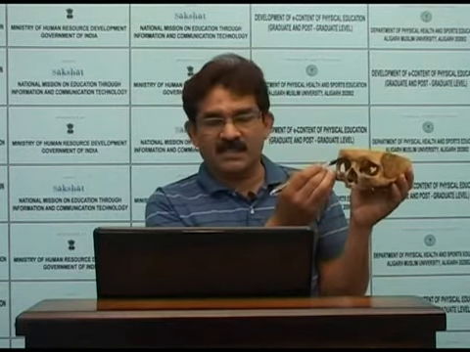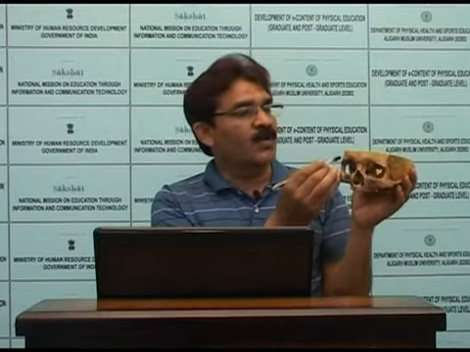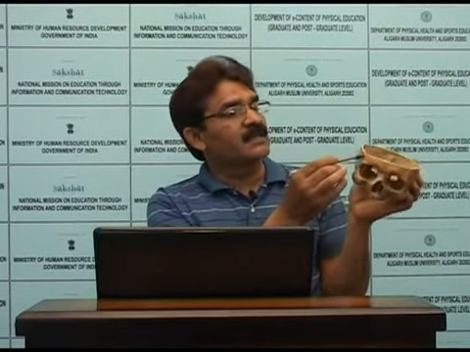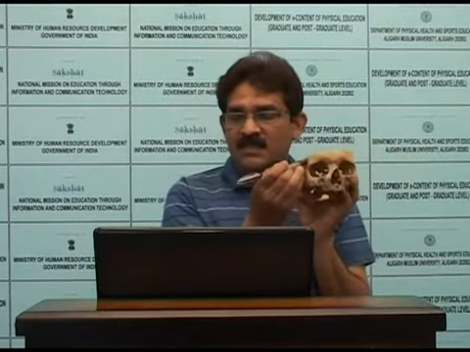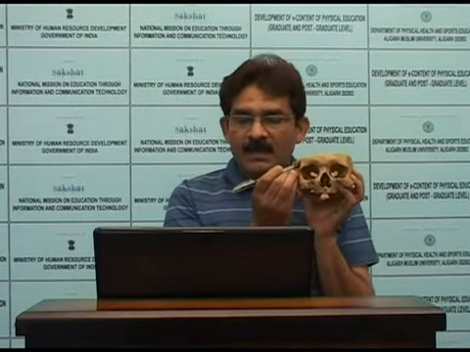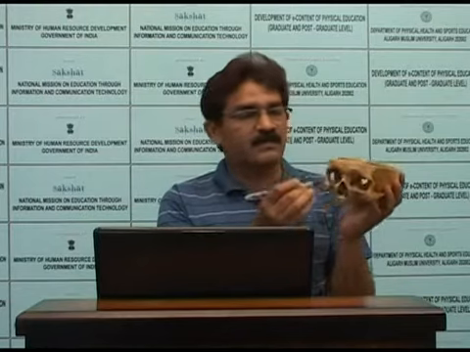Number 5 is the sphenoid bone. The sphenoid bone is just behind the orbit, situated here. The mandible is absent in this structure.